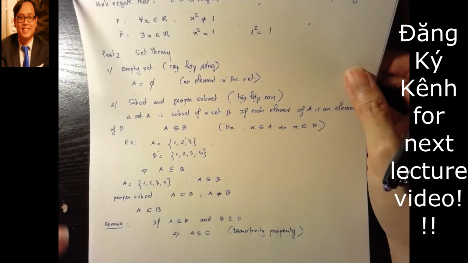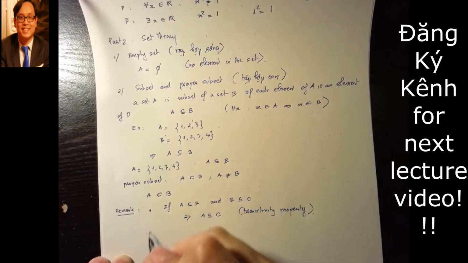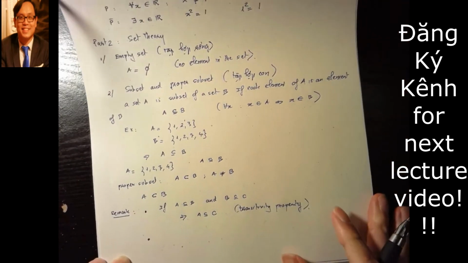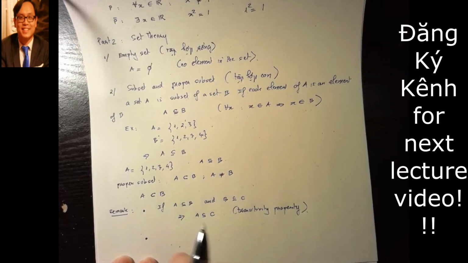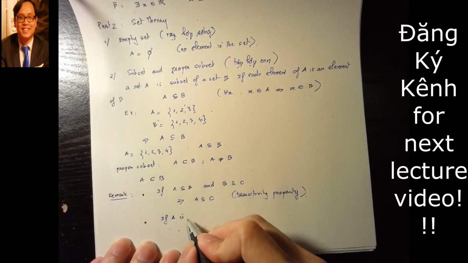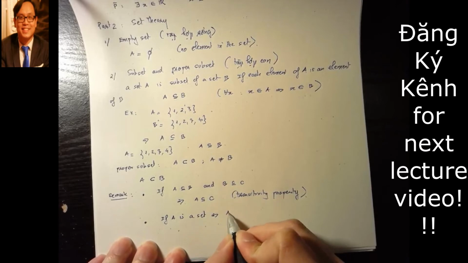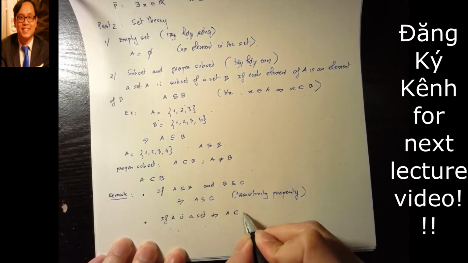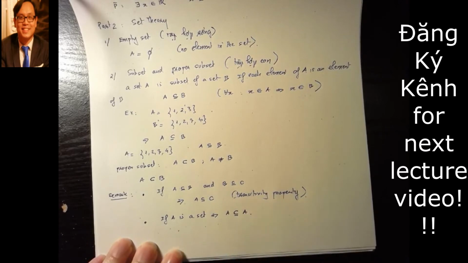Another property is that every set is a subset of itself. So if A is a set, then A is also a subset of A.